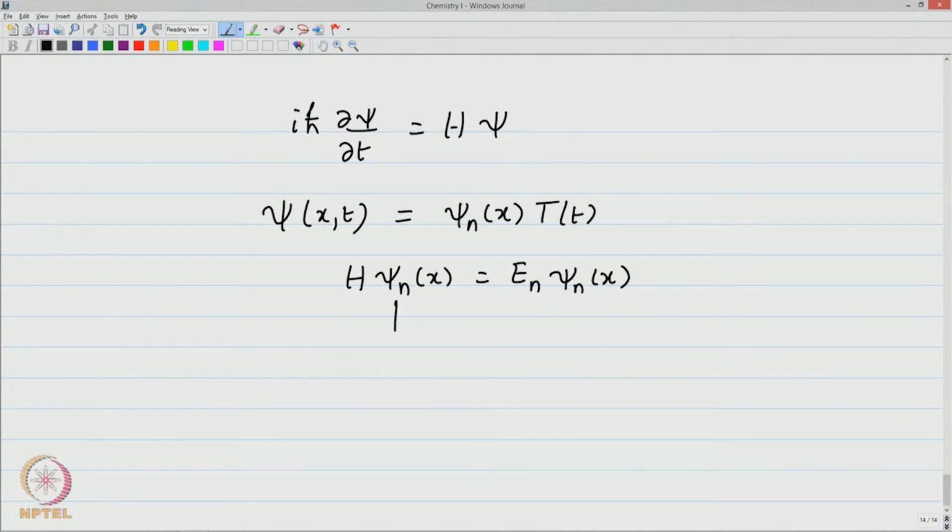Therefore, you know these are root 2 by L sin n pi x by L, and E n is h square n square by 8 m L square.